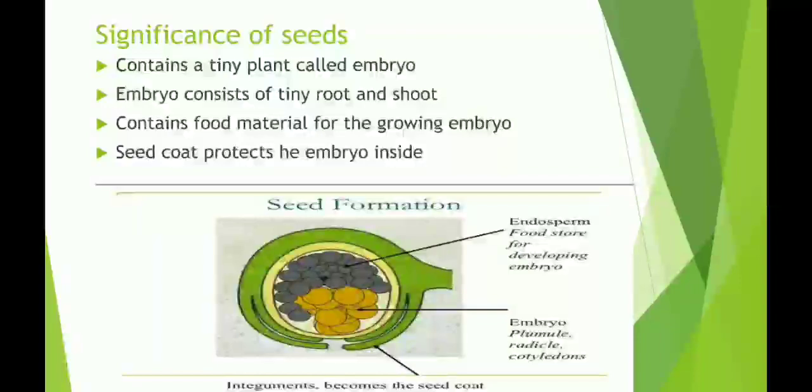Both work to provide nutrients. And the last one is the seed coat. A seed is covered by a hard seed coat that protects the embryo inside. Because of this, the embryo can withstand unfavorable environmental conditions like temperature, light, and water. So these are the functions, or the significance, of seeds.